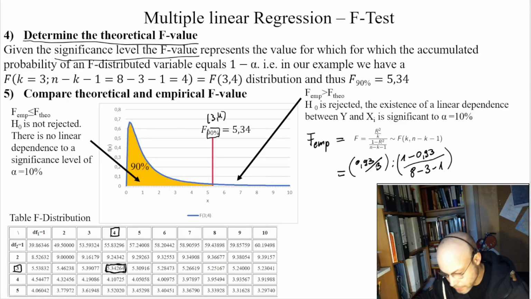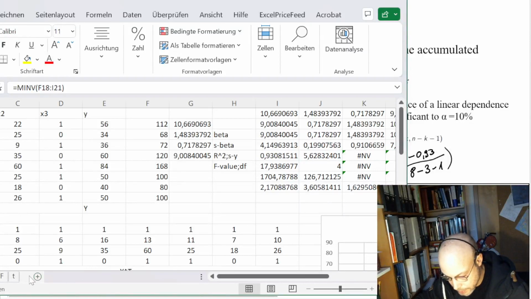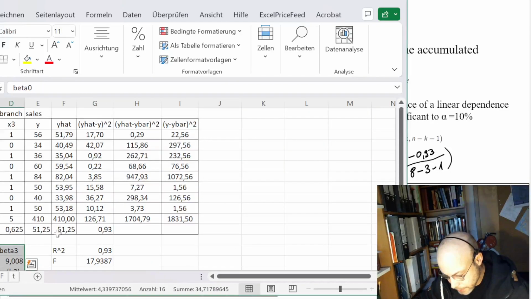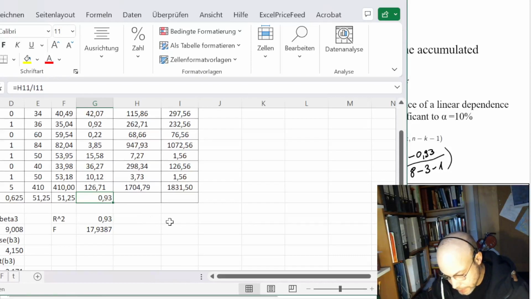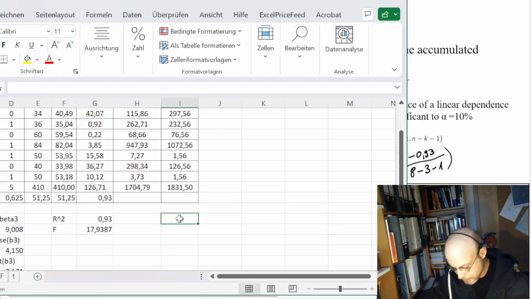There we are. Here, hypothesis testing. This is our table. This was 0.93. And then let's calculate F empirical.